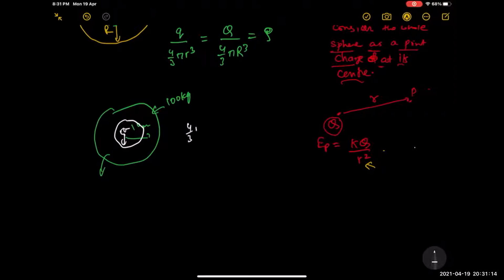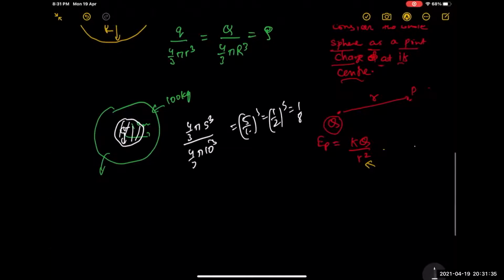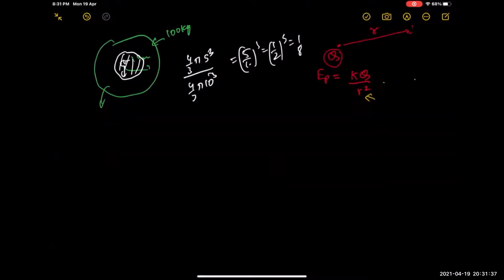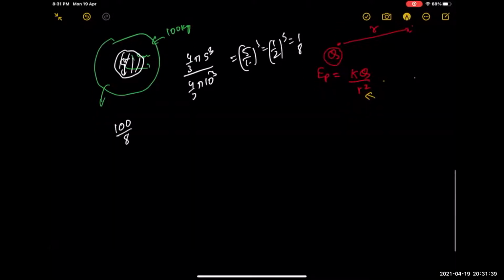So it is 4/3 pi 5 cube divided by 4/3 pi 10 cube, which becomes 5 cube by 10 cube. It is 5 by 10 the whole cube, 1 by 2 the whole cube, it is 1 by 8. Therefore, the small ball is 1/8 the volume of the total ball, so the small ball's mass will be 100 by 8 kg, right?